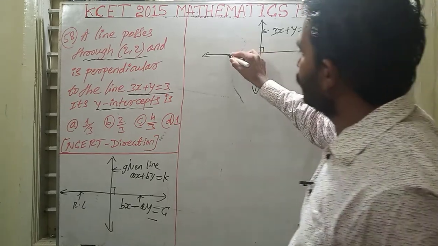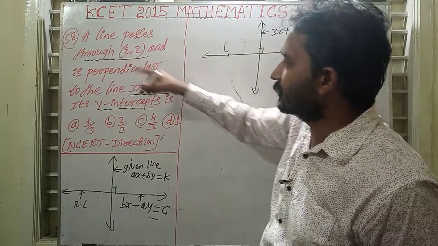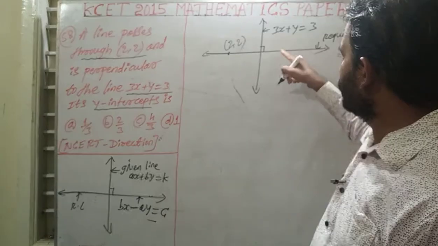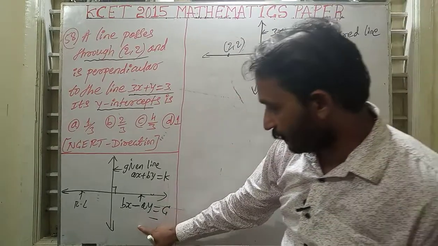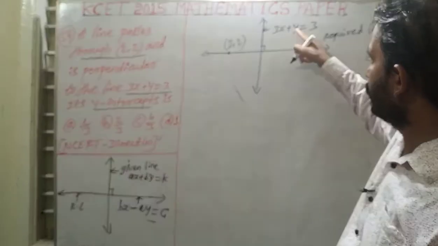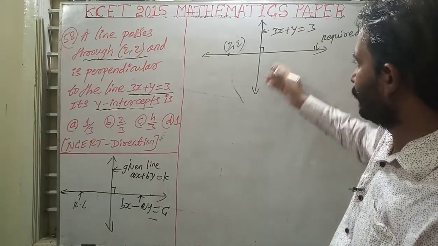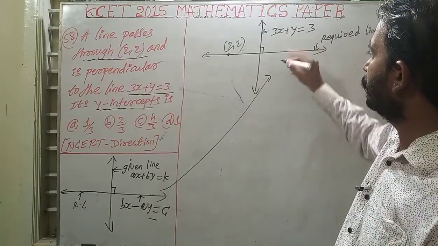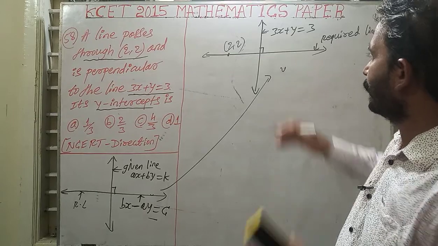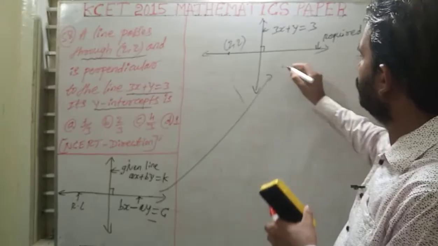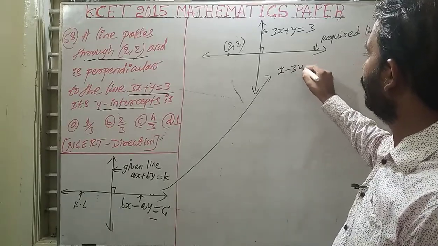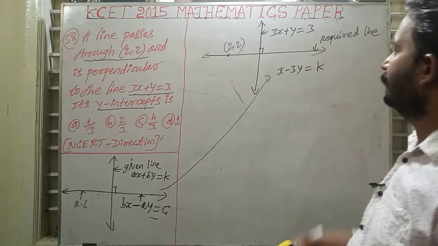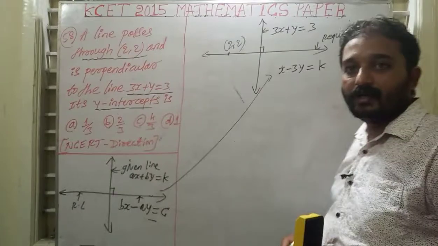This required line passes through the point (2, 2), one more condition. Directly we can write the required line using this formula. In the place of a there is 3, in the place of b there is 1. So we get x minus 3y is equal to c or k, a constant. So this is the required line, but here k is there.